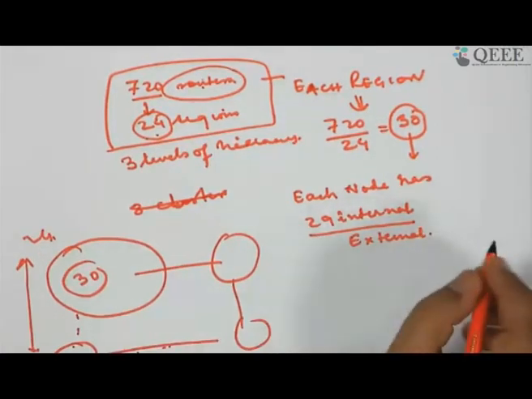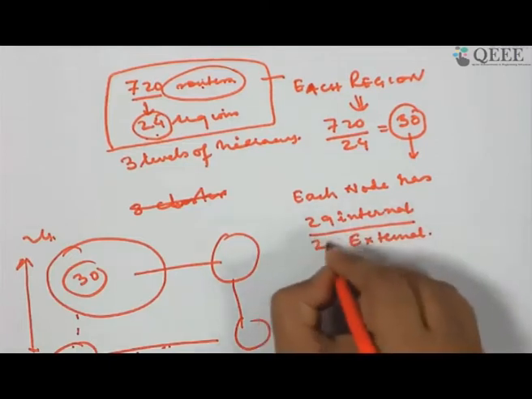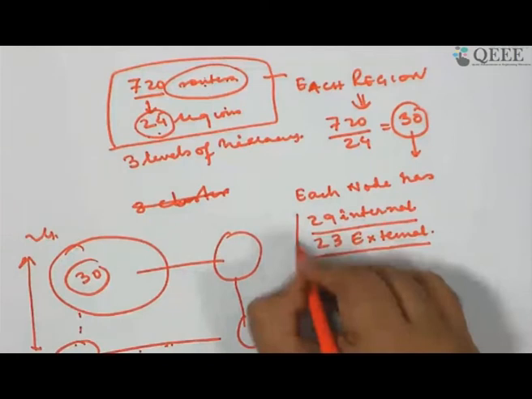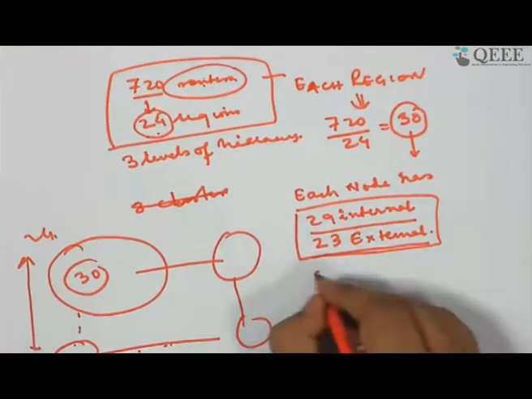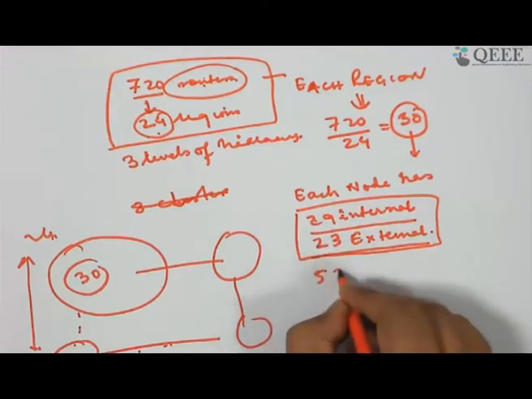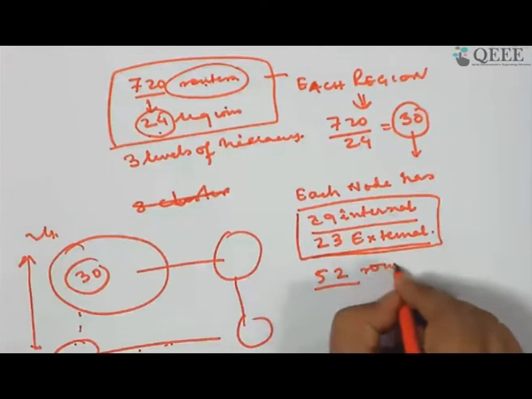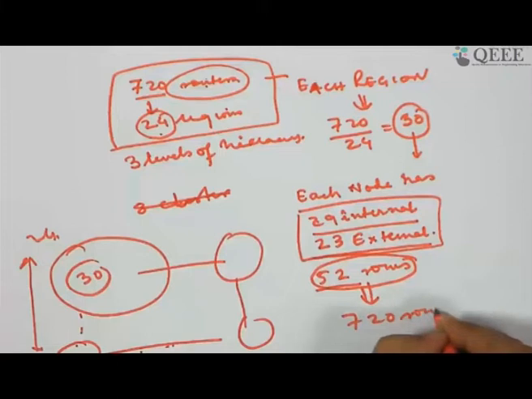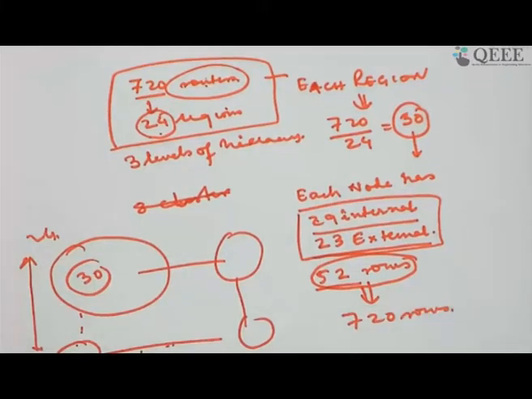One from each region, and there are 24 regions, so there will be 23 external neighbors. Then how big will the routing table be? 29 plus 23 is 52 rows instead of 720 rows.